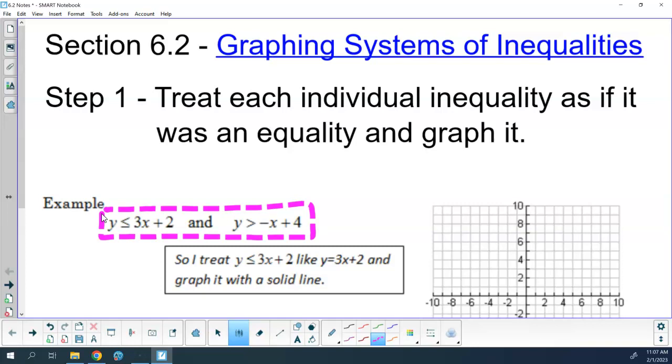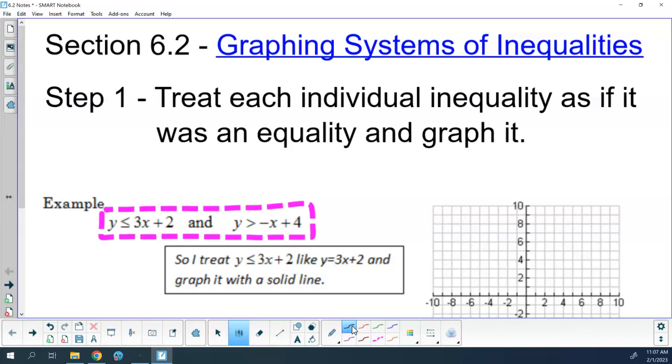So the first step is we're going to treat each individual inequality as if it was an equality, and then we're going to graph it. So what I mean by that is, I'm going to take the first one first. I'm going to treat y is less than or equal to 3x plus 2 like it was y equals 3x plus 2, and I'm going to graph y equals 3x plus 2.